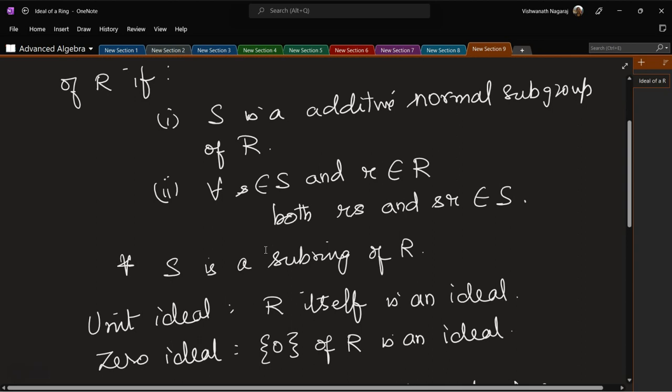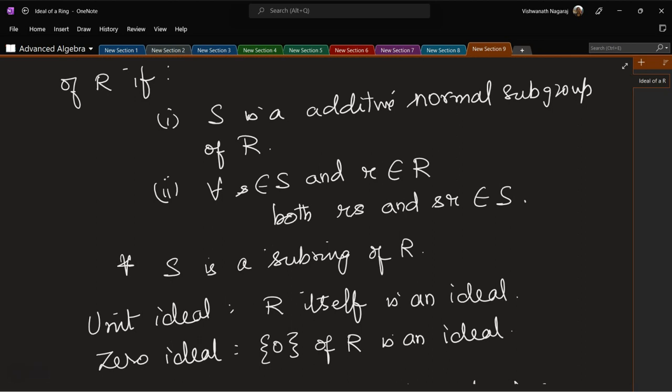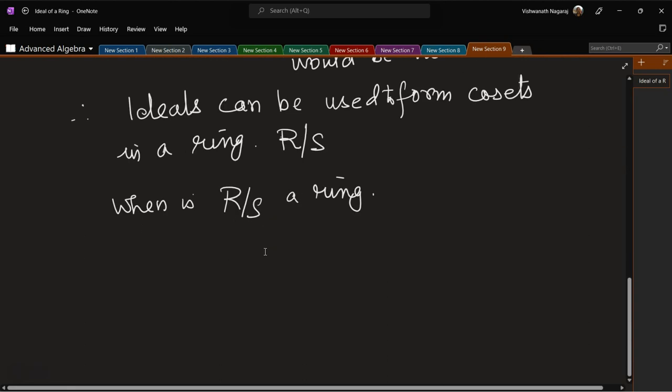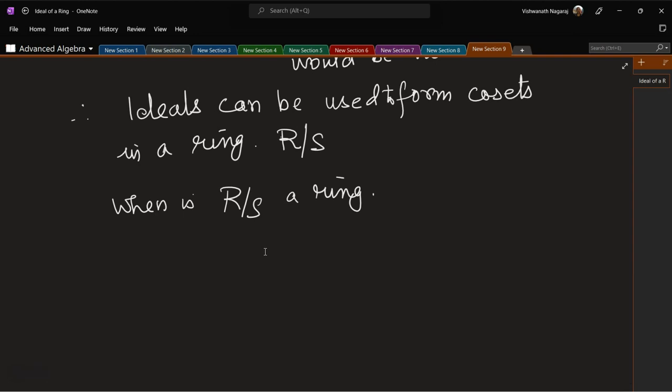In any ring, this would always be the case, additive normal subgroups, because as per the definition of the ring, it is abelian, right? So remember, using this, we can form cosets of S, and it would look something like this.